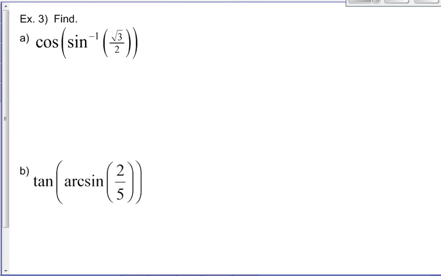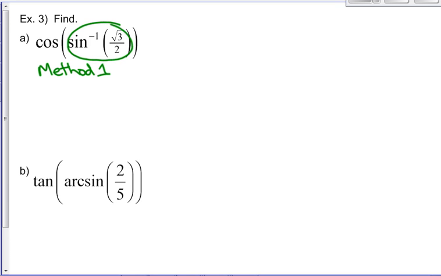We might end up with these cases where we have nested bits of a regular trig function and an inverse. And in some cases, there are two ways that we can do it, but there's one way that's more flexible than the other. So here I'm going to show you the easiest way to do this one because it happens to have a special angle. This is the cosine of the inverse sine of root 3 over 2.